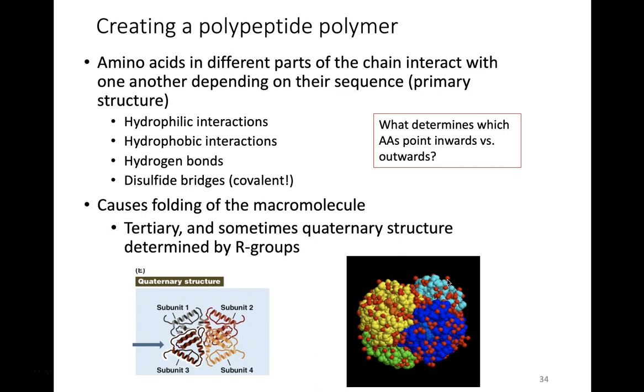And think about this as a watered up sort of piece of papery thing, kind of like that space filling model of hemoglobin. Think about the properties of the R groups of the different amino acids. Okay? I'm not going to tell you guys the answer to this one. I want to see you guys do it. So what determines which amino acids point inwards versus outwards? We'll talk about this on Tuesday.